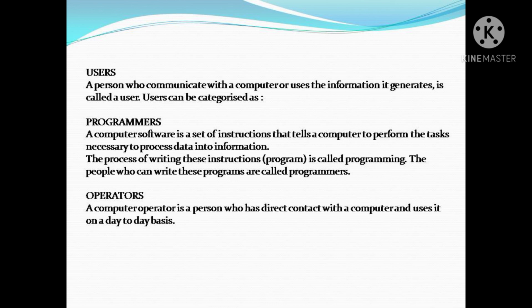When we are typing in the instructions, we are giving instructions to perform the task necessary to process data into information. The one who writes these instructions, the program, is called a programmer, and the process is called programming.